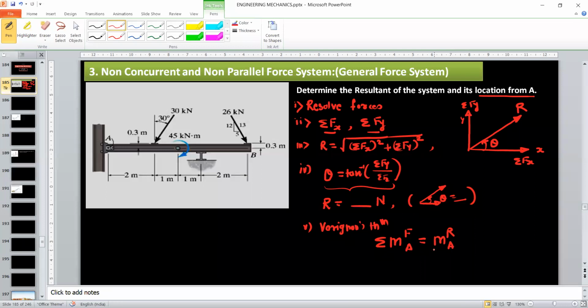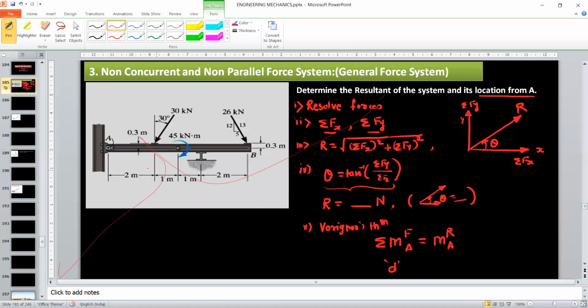From this equation, you will get the location, which is called the distance d. It is the unknown distance of the resultant with respect to the given point. So these are the common steps to solve problems on the general force system. Let's try to solve the given problem.